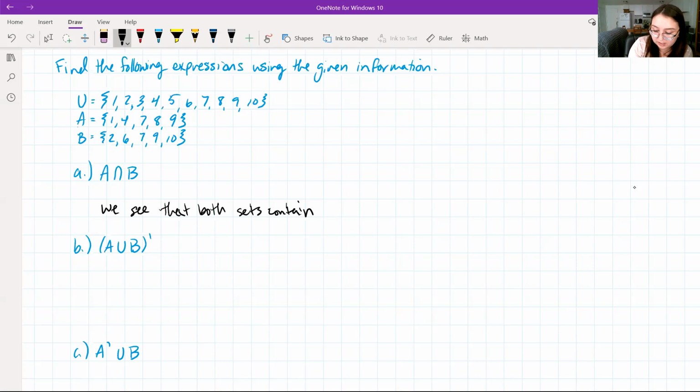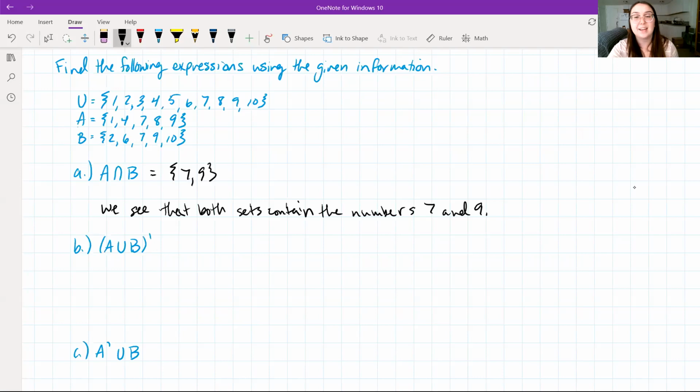We see that both sets contain the number 7. Then we see 8 is in A, but it's not in B. 9 is in A, and it's in B. So we see that both sets contain the numbers 7 and 9. So when we write this, A intersect B is equal to the set of 7 and 9.